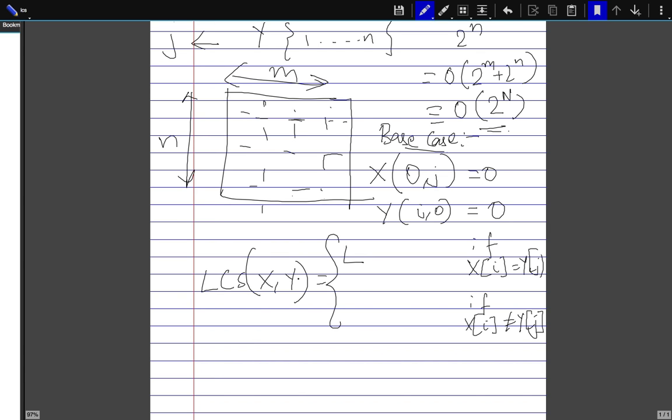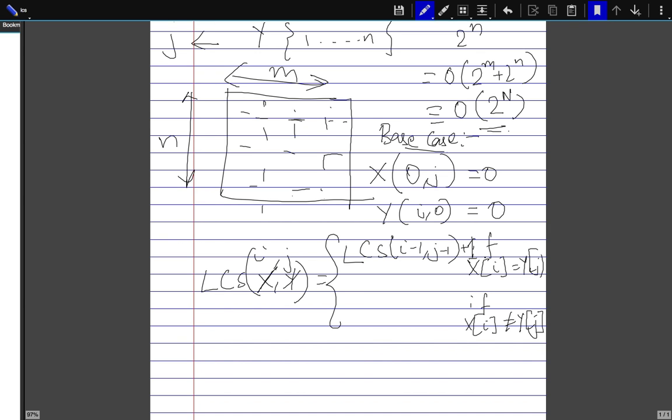I shouldn't have put x and y here. Let's say i and j, because I really want to use those two notations. Again, playing with notations, you could use anything you want. So we say LCS(i, j) is LCS(i minus 1, j minus 1) plus 1, because we found one match. That is if we find a match.